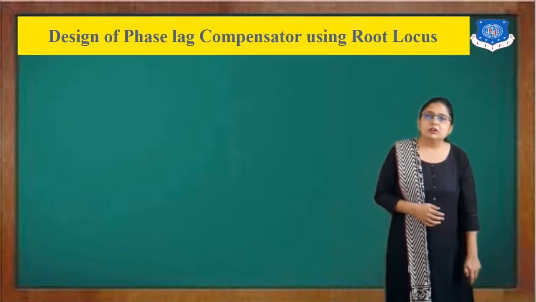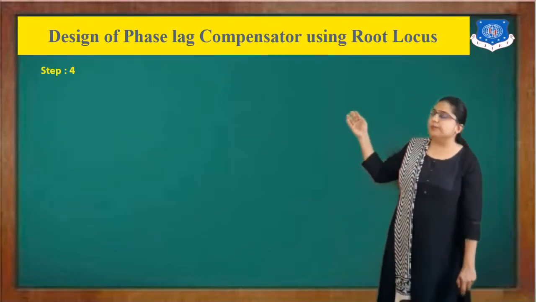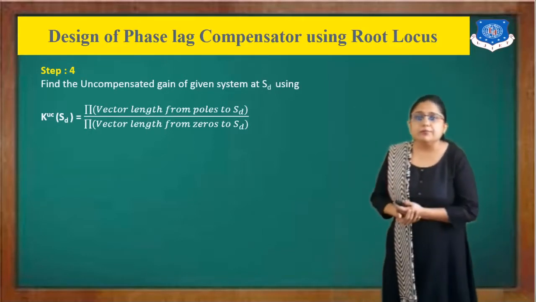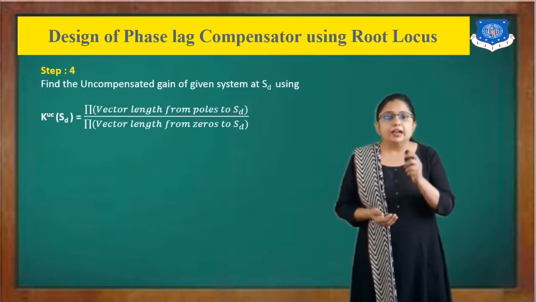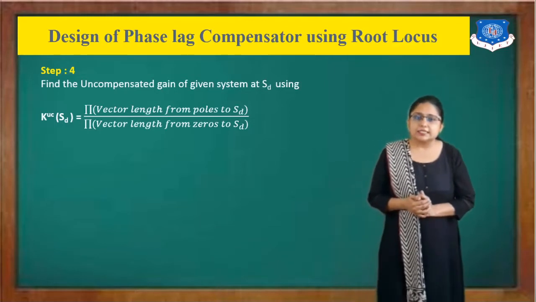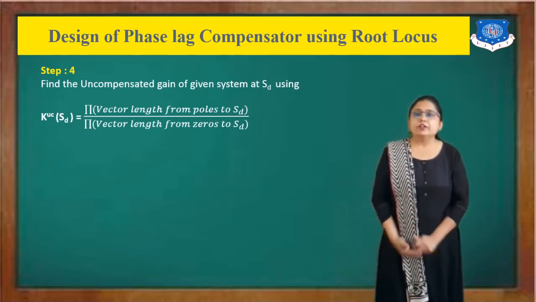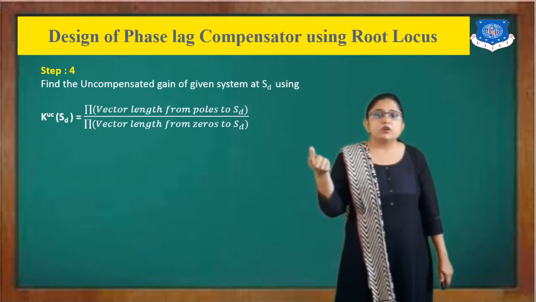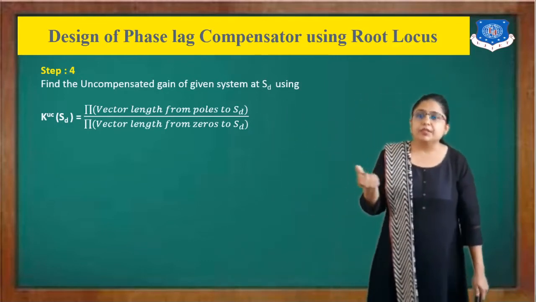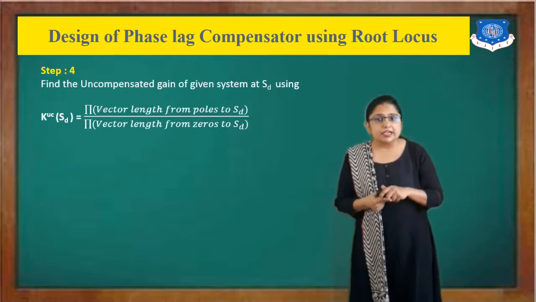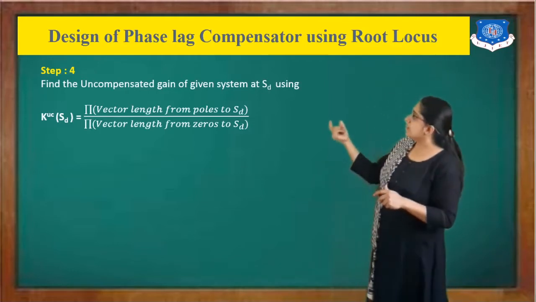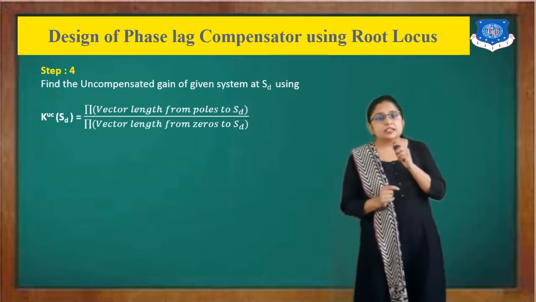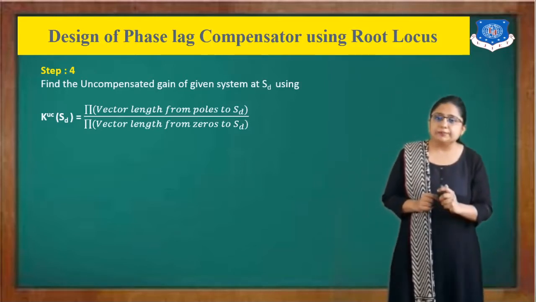Alright? Now, step number 4. Here, we have to find the uncompensated gain at the point s_d, and for that we will use the equation K_UC. UC means uncompensated, and we are finding this gain at the point s_d. That's why its notation is K_UC at s_d.